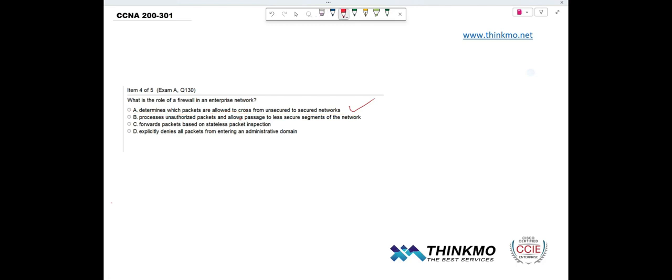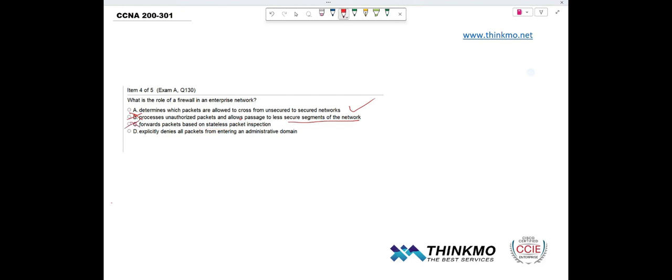Then let's look at option B. It handles unauthorized data packets and allows them into the less secure parts of the network. Well, unauthorized ones are definitely not allowed, so option B is wrong. Let's look at option C, which is based on stateless checking of packets.